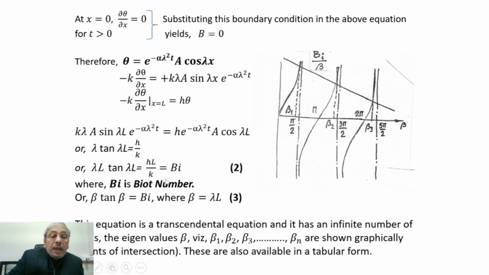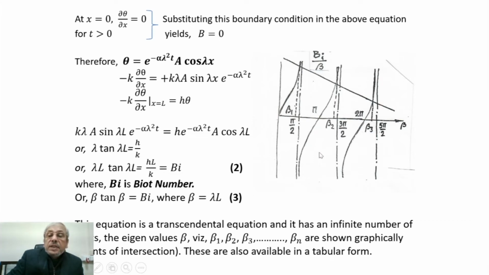Now from here we can write beta tan beta equal to Bi, the Biot number, where beta is lambda L. So this is our final equation, equation 3 we can say. Beta tan beta equal to Bi, where beta is lambda L. This equation is a transcendental equation and it has an infinite number of roots.